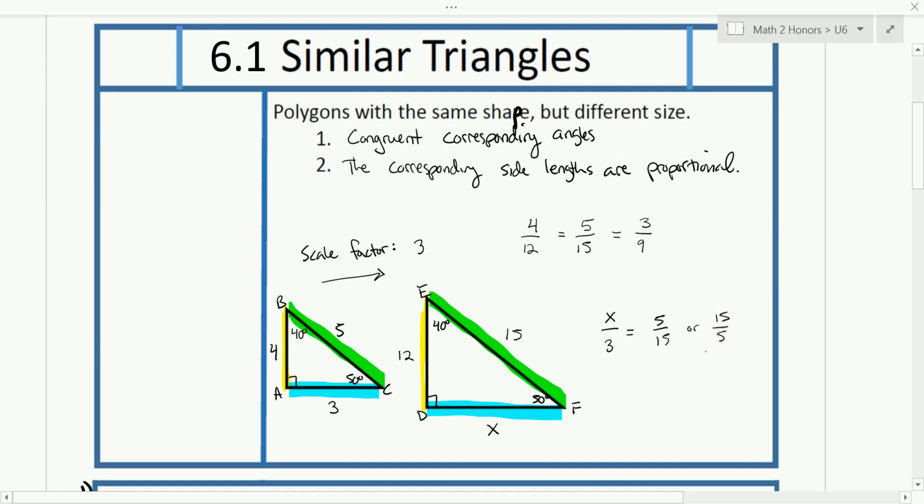Why? You've got to keep it matched up. So we went larger over smaller, right, for x over 3. And so we're going to have to go larger over smaller, same direction, 15 over 5. Otherwise, you will end up with the wrong answer.